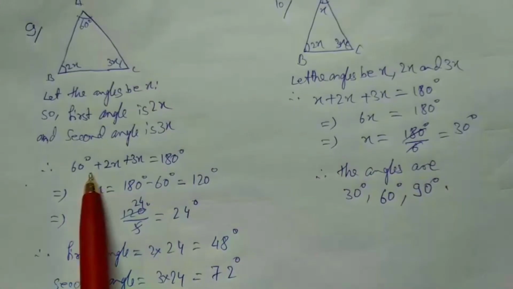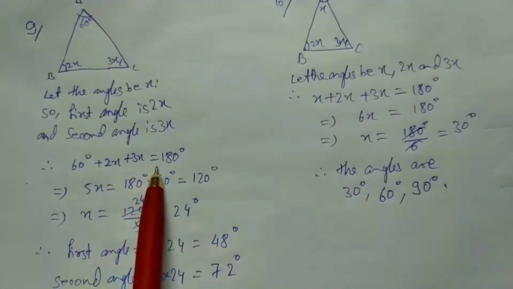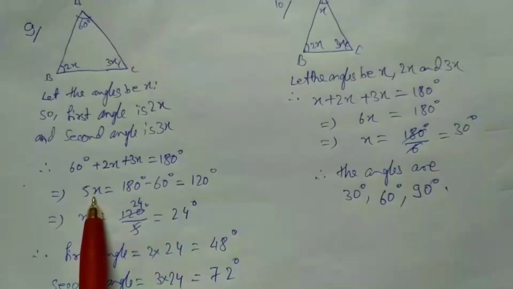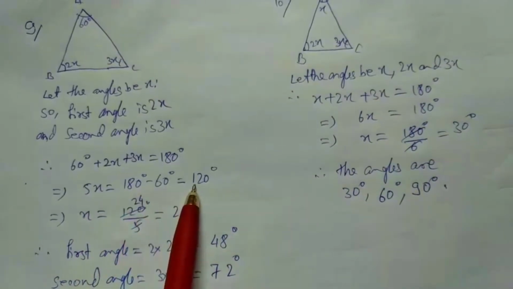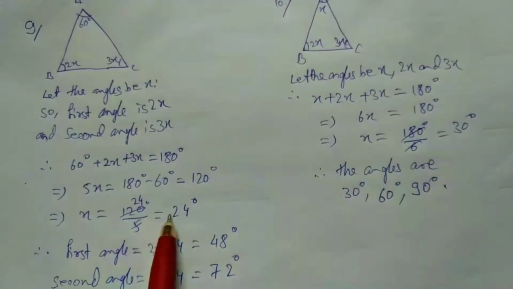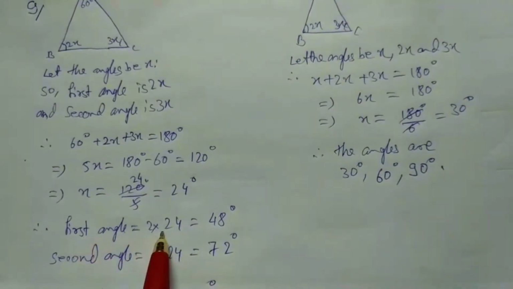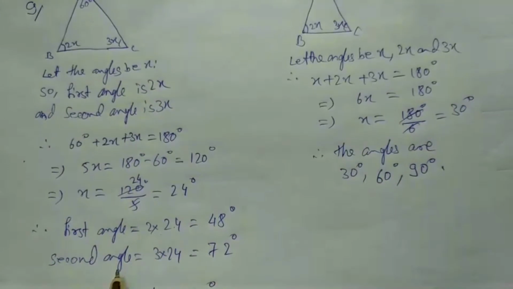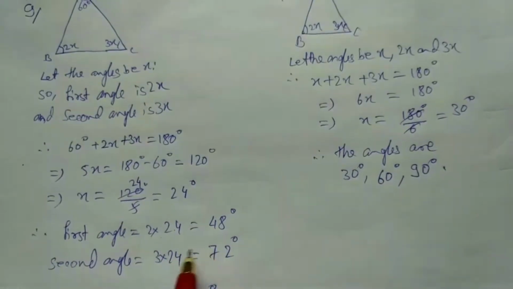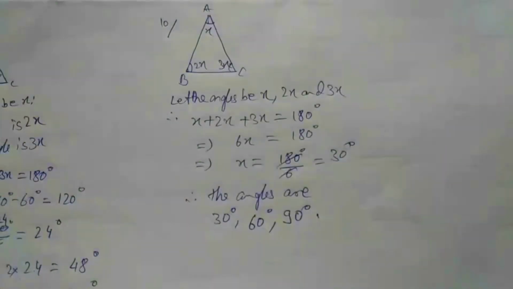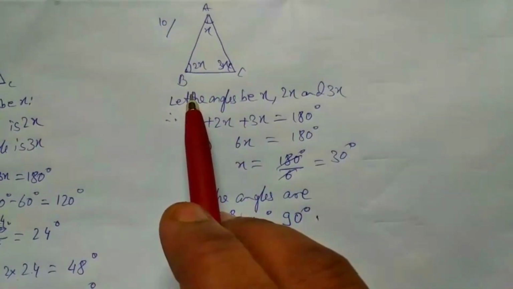So 60 degree plus 2x plus 3x is equal to 180 degree, or 5x is equal to 120 degree, or x is equal to 24 degree. So the first angle will be 2 into 24, that is 48 degree, and second angle 3 into 24, that is 72 degree.